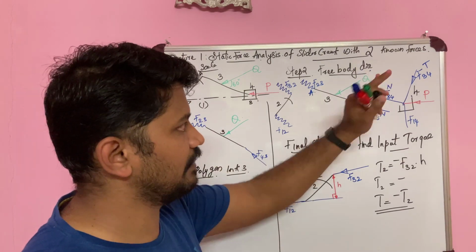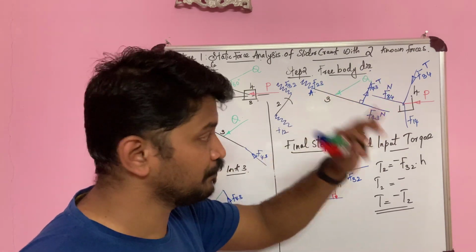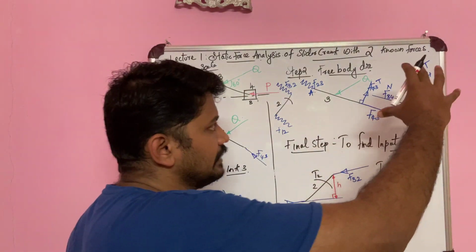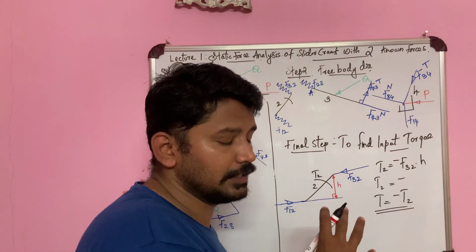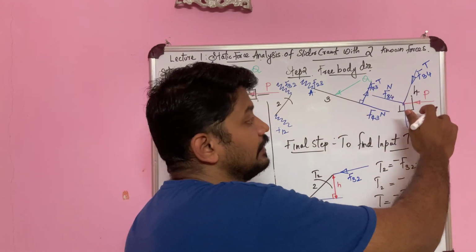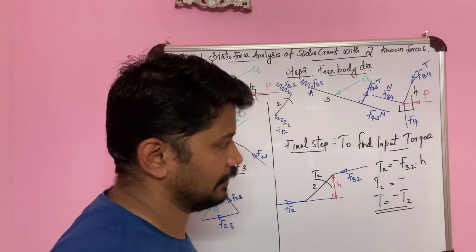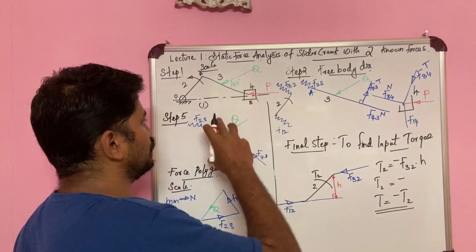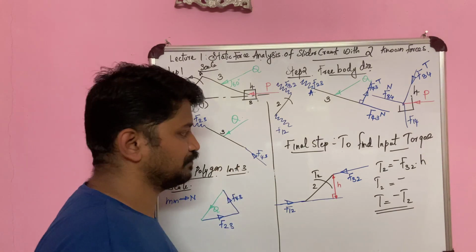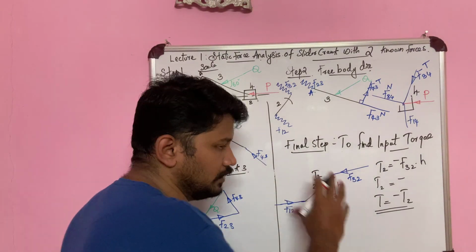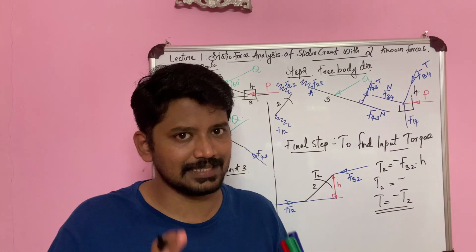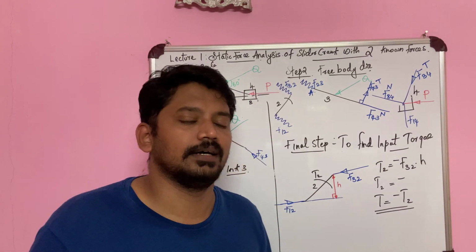Once we get the value of F43T, I go to link 4 and draw the force polygon, and then find the values of F34N and F14 from there. Then I go back to link 3, draw the force polygon, and find the torque. So that is an overview of all the steps in a concise way.